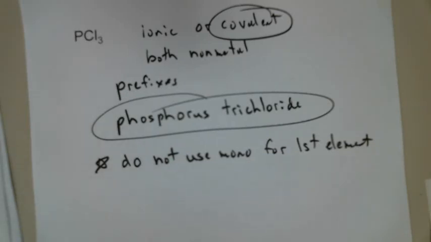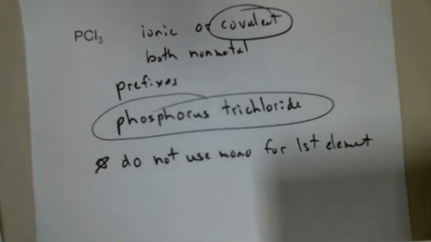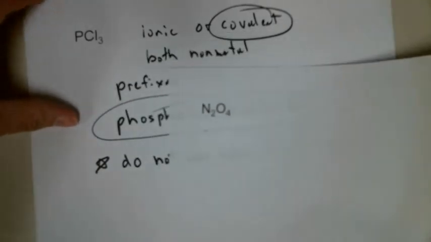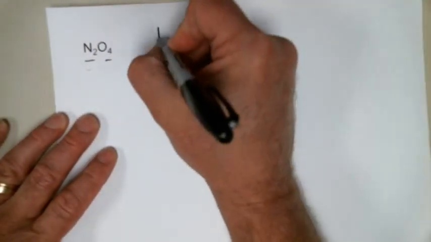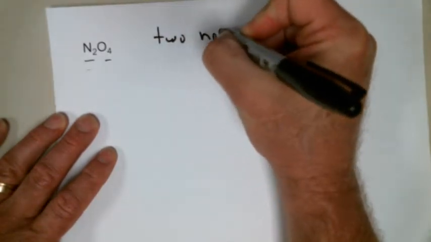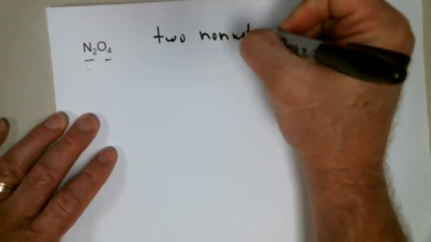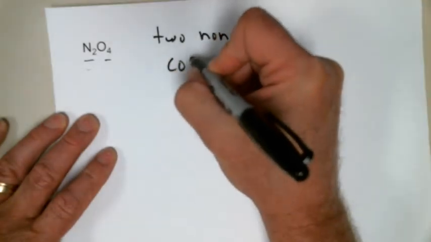All right, do we have another one? What's our next one? I've got another, I don't want to give it away, another covalent one. But yeah, 2 nonmetals. So that's covalent.